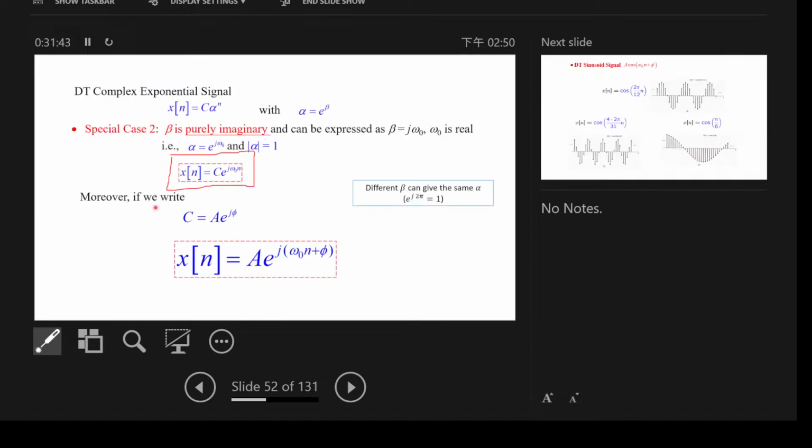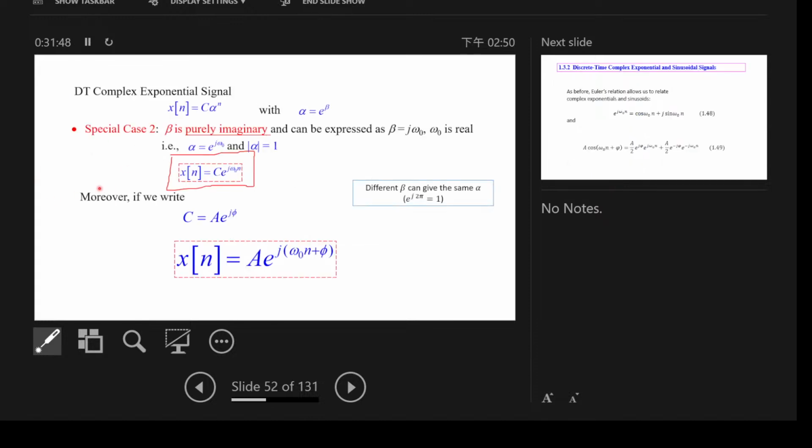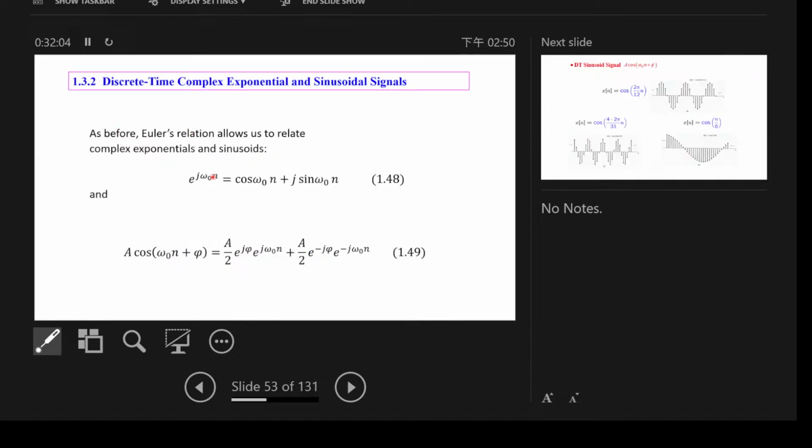Okay. But just as in continuous time, for now we talk about the part similar to continuous time functions. So this is the complex exponential with purely imaginary exponent. And once again, you can write this back and forth between sine and cosine functions.